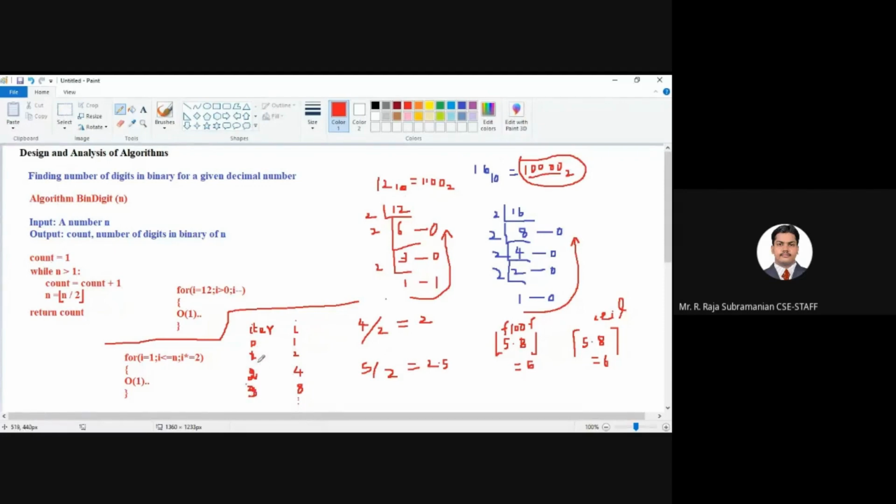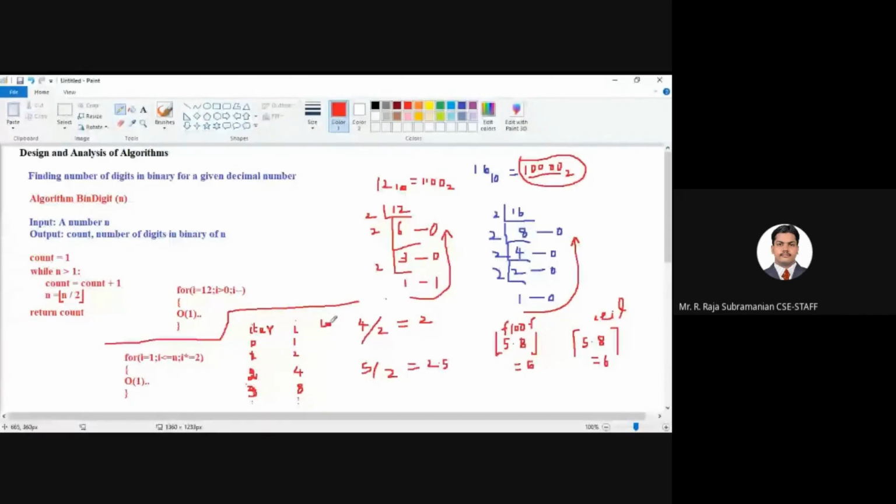So in the 0th iteration, I value is 1. In the first iteration, I value is 2. Second iteration, it is 4. Third iteration, it is 8. Dot dot dot, it will be going. Now, can anyone say what is the logic for this?